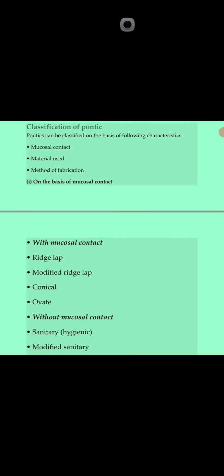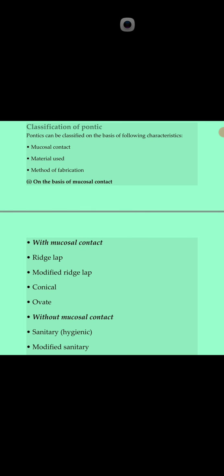Now come to the classification of pontic. Pontics can be classified on the basis of the following characteristics. On the basis of three bases we classify the pontic. Number one, on the basis of mucosal contact, whether the pontic contacts the mucosa or not. Second, material used, from which material the pontic is formed. Third, method of fabrication.